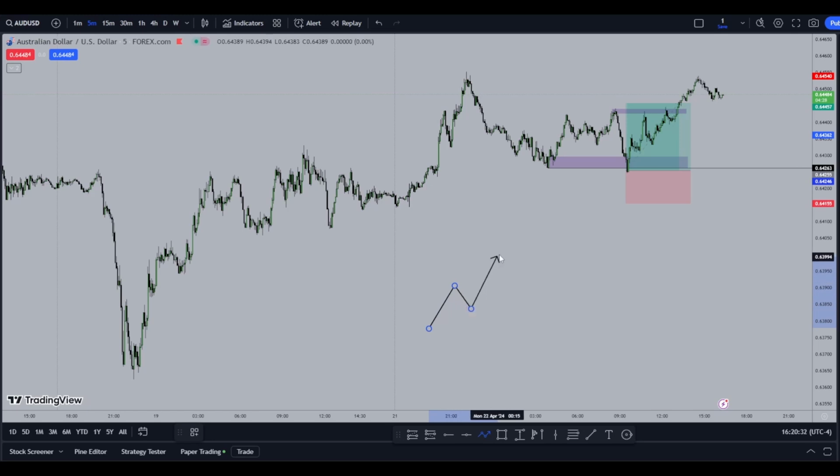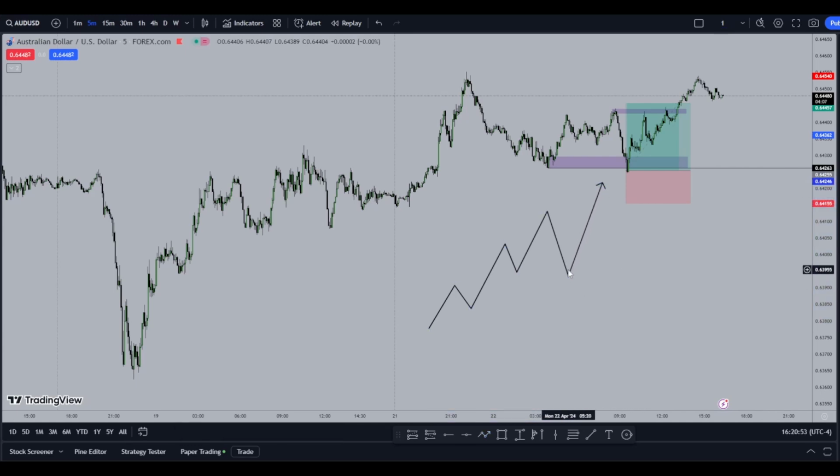If the order flow is bullish like this, the liquidity grab will happen when price goes down below this low and creates a fake break of structure or change of character, and then it goes up.